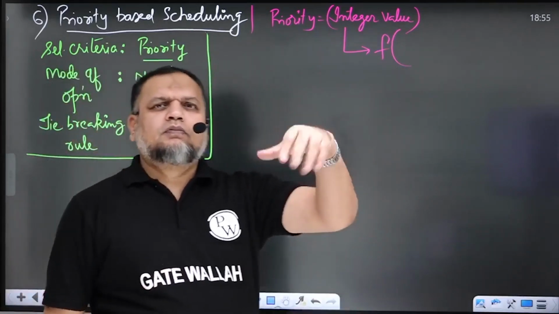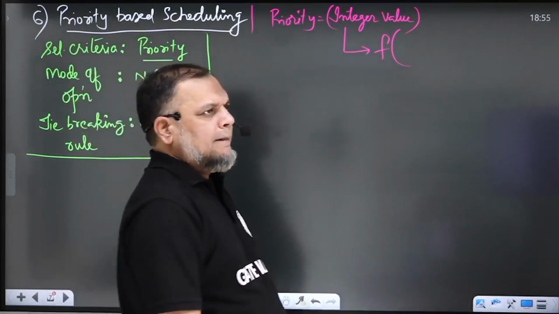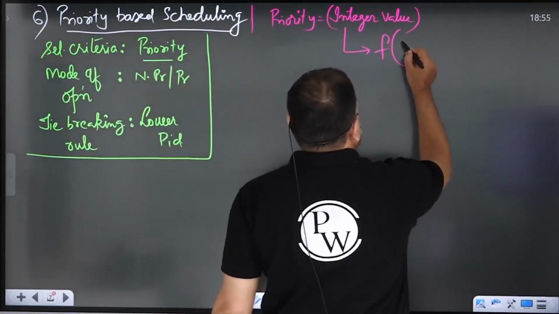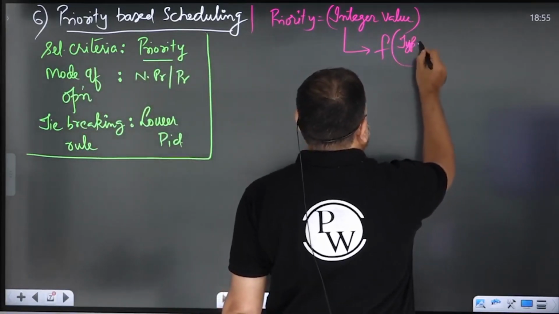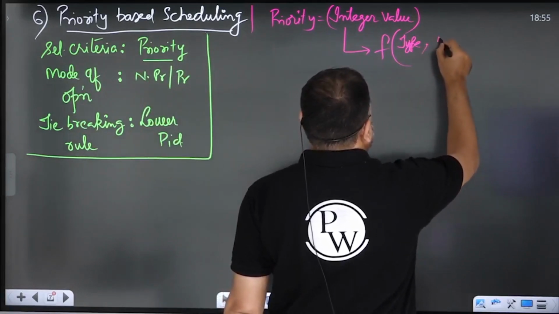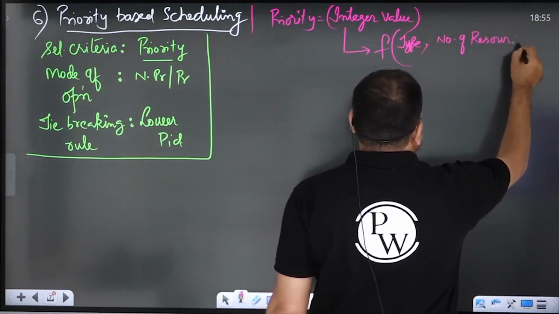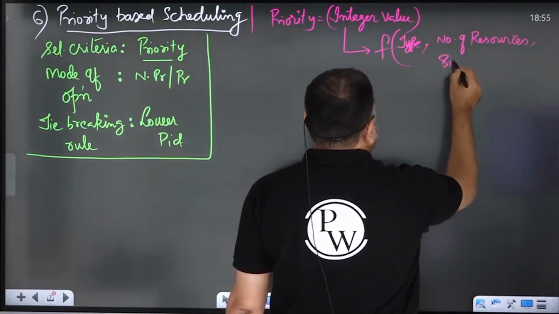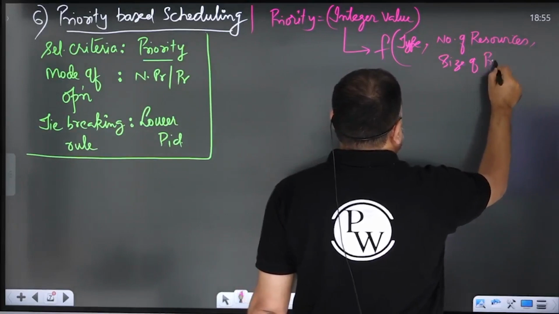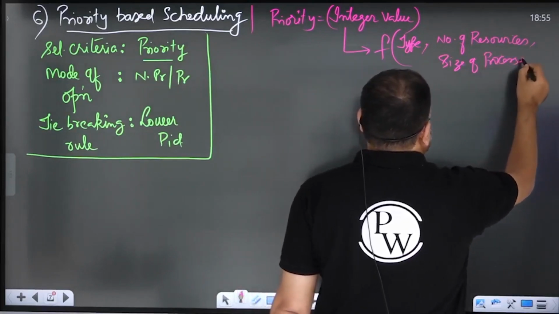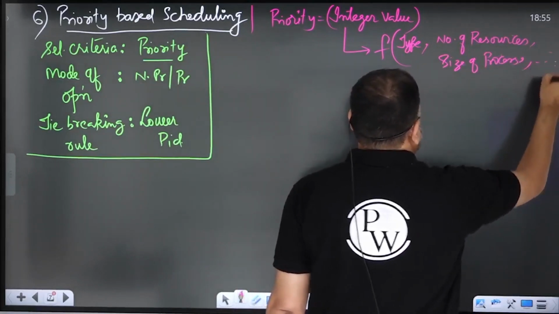The operating system scheduler will use some function. The parameters of the function are like the type of process, or maybe the number of resources that the process is using, and the size of the process, etc. So many other parameters.